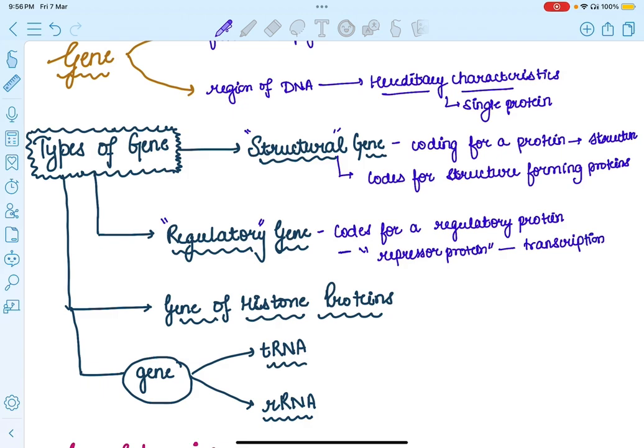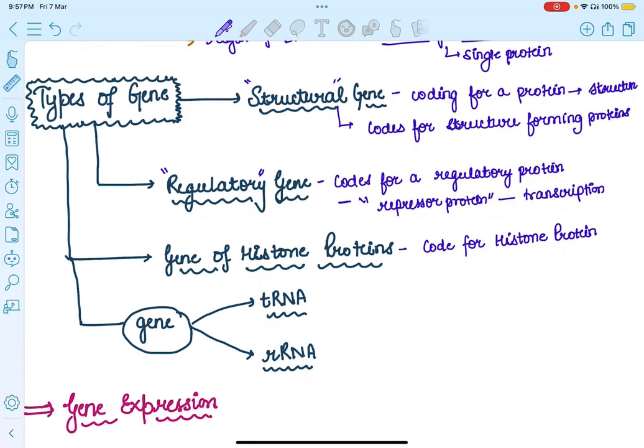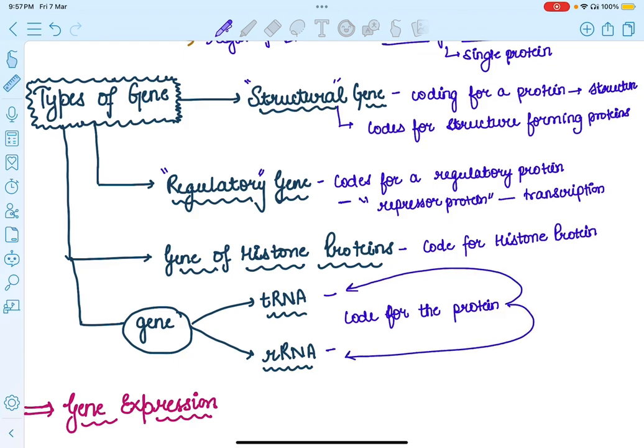Then we have the gene of histone proteins. That is, it will code for histone protein. Then gene of tRNA and rRNA means that their end products are tRNA and rRNA.